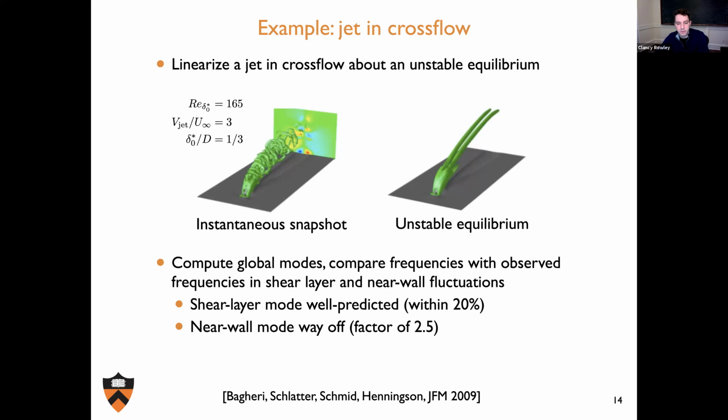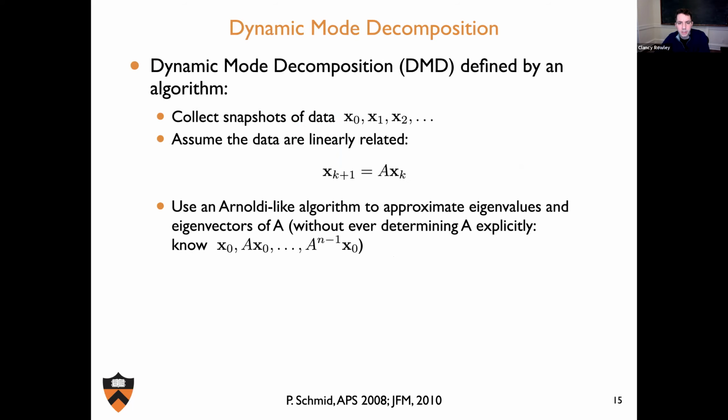Okay, so what did we do with this? Well, we took this technique that Peter developed and presented at APS in 2008 called dynamic mode decomposition. I'm sure many of you are familiar with this, but I'll just say what it is. It's a decomposition defined by an algorithm. You collect a bunch of snapshots of your data at subsequent times, 0, 1, 2, etc., and you assume that these data are linearly related.